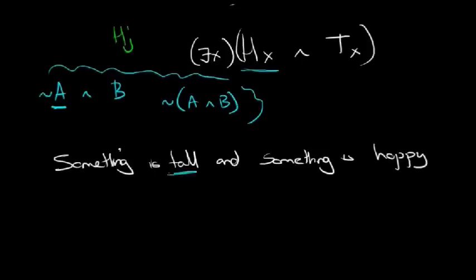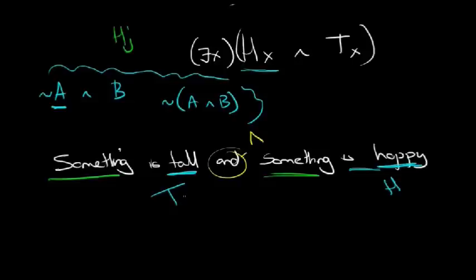We've got tall, so that's going to be a predicate, and we're going to use a T for that. We've got is happy, so that's going to be an H. We're going to need these two predicates. We've also got this and, so again we're going to need our conjunction symbol. Now if we look through, we've got something here and we've also got another something here.